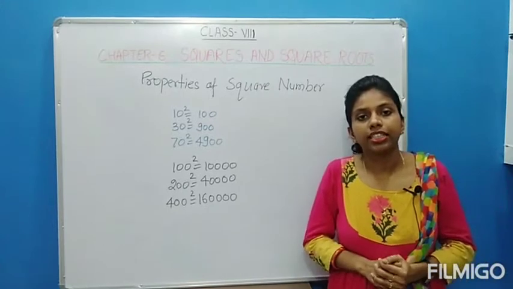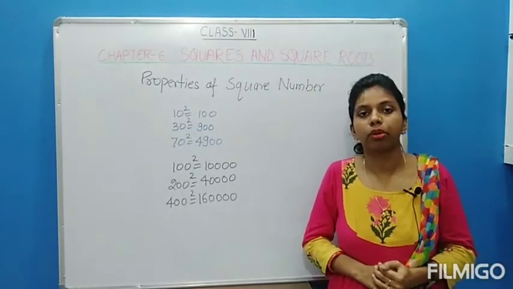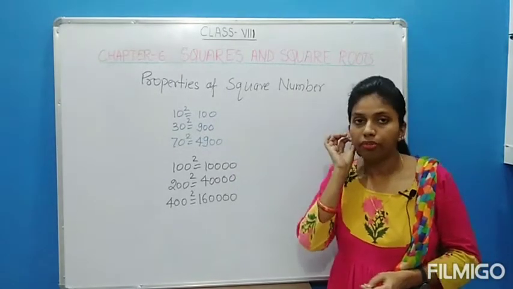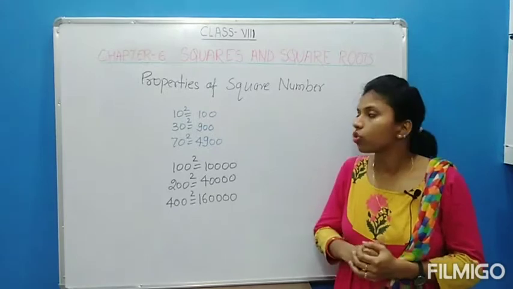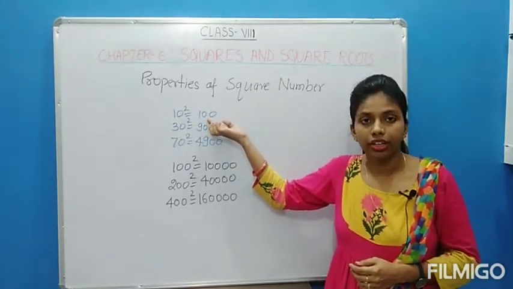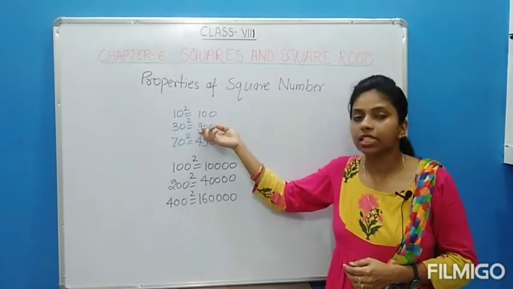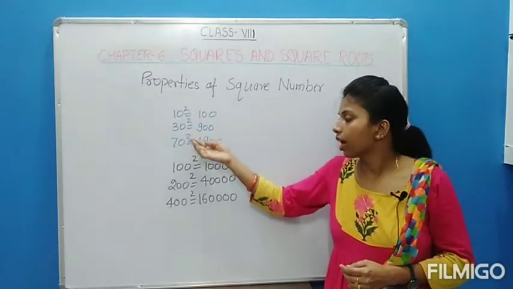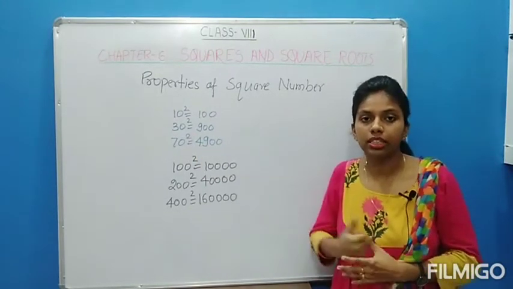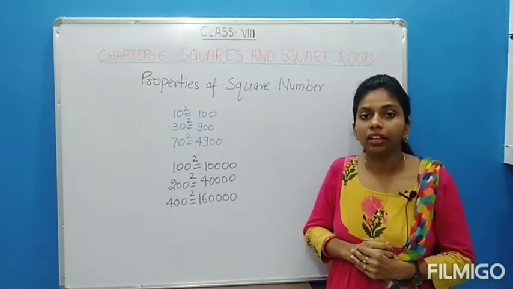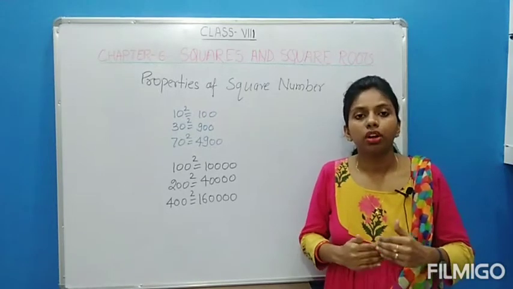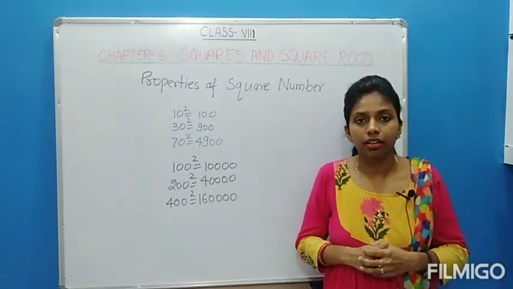Let's discuss the next property of square numbers. I'll write some examples of perfect square numbers here on the board. First, 10 square becomes 100. 30 square is 900. 70 square is 4900. What we observe in these examples is that after squaring a number containing 1 zero, the number of zeros becomes double.